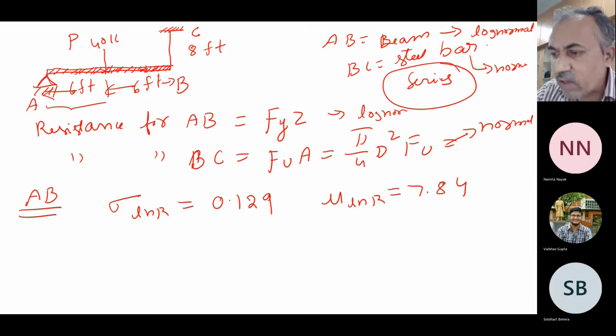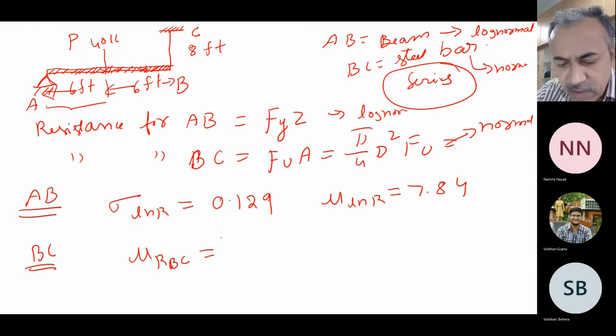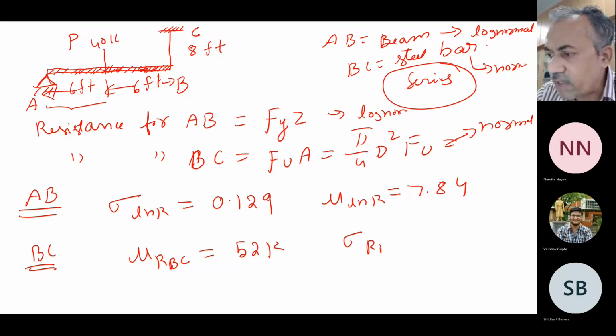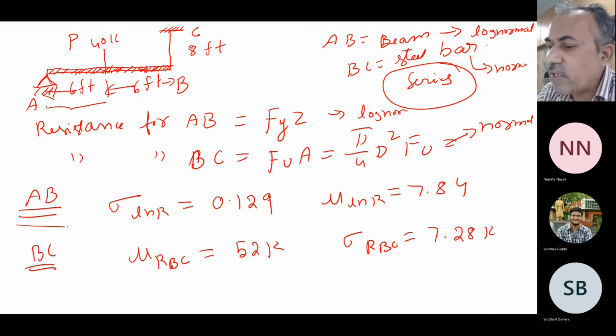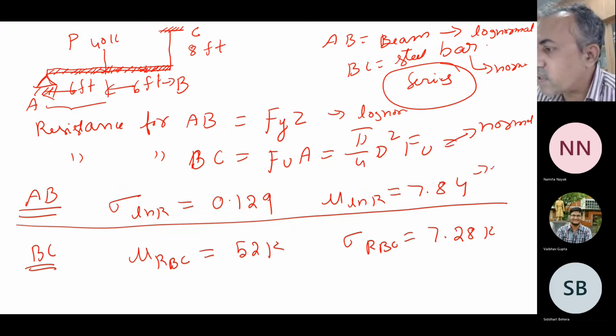Similarly for the beam BC, mu R BC, the mean value is 52 something, and sigma RBC is 7.28 K. So these are the units that have been given. The resistance of AB is log normal, this is an assumption, and this is a normal distribution.